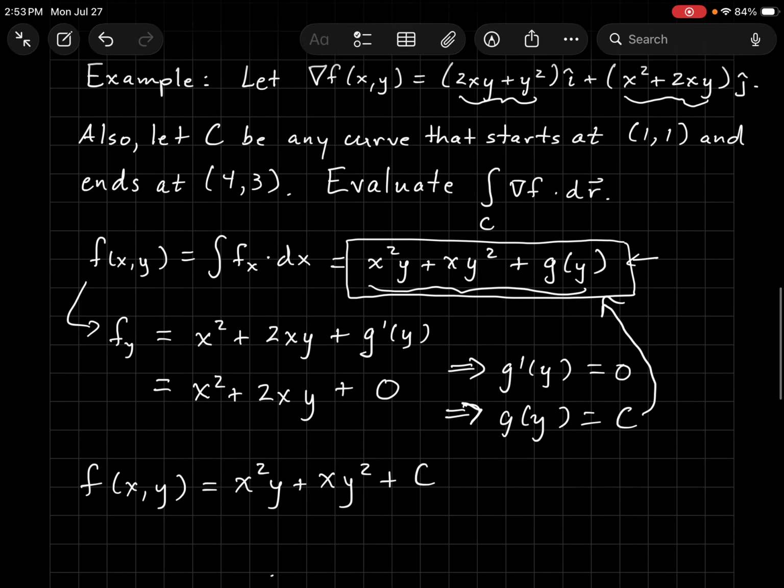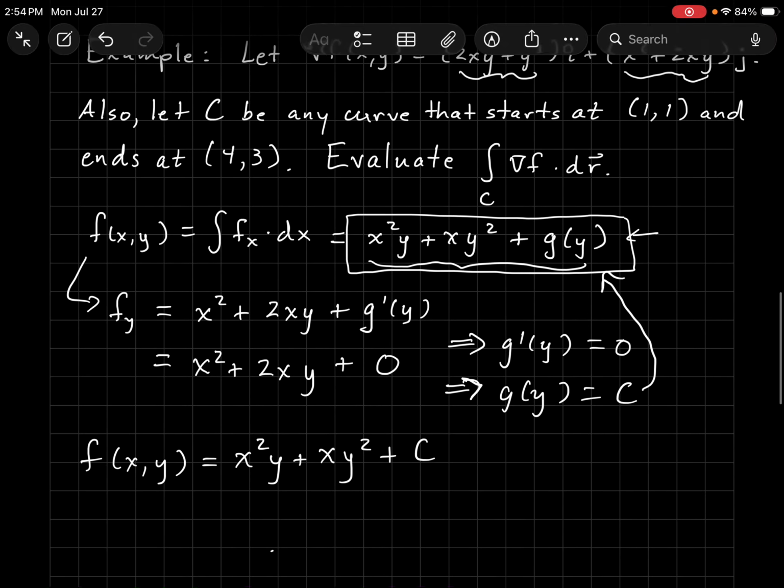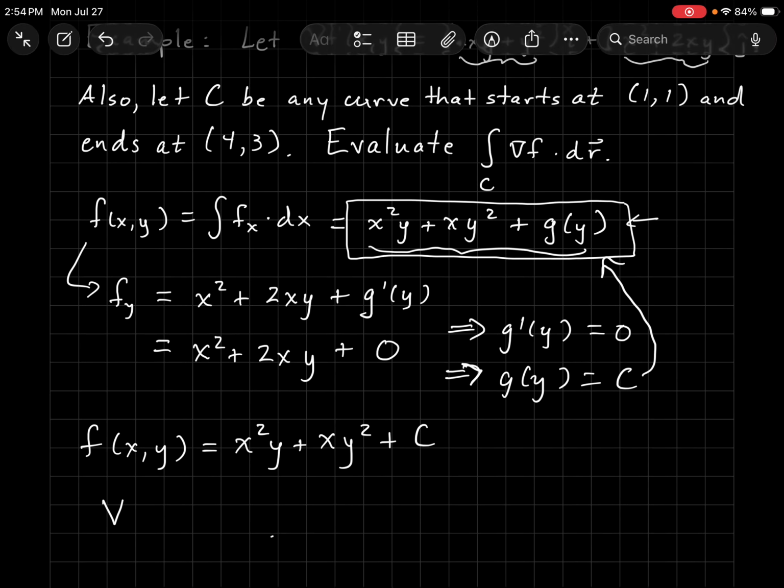And now to evaluate my integral, the integral of the gradient of f dot dr over the curve, I can find by simply plugging in the endpoint. So I can do f(4, 3) minus f of the starting point, (1, 1).